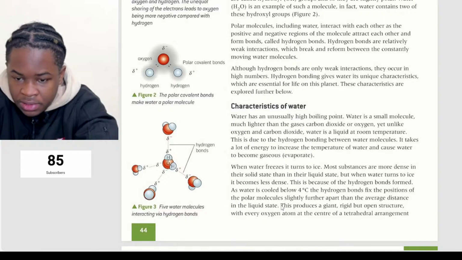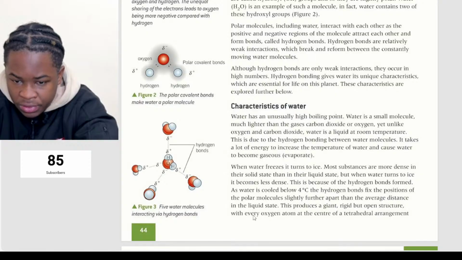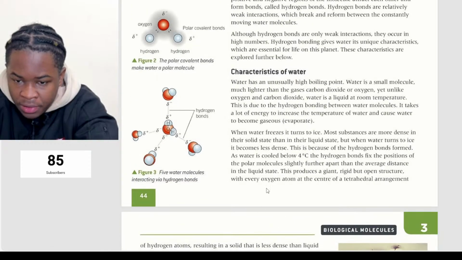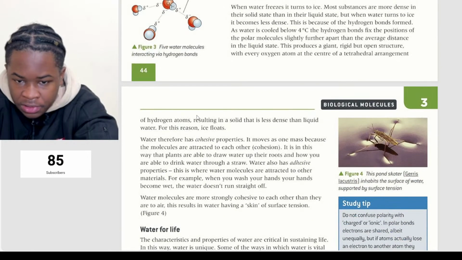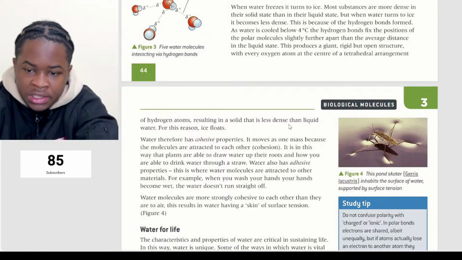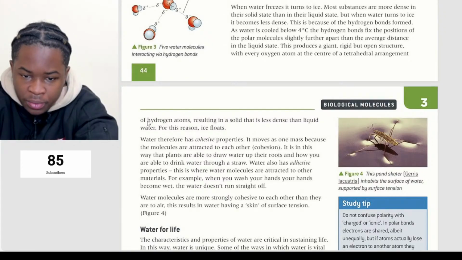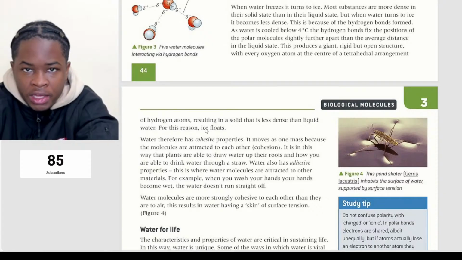This produces a giant, rigid but open structure with every oxygen atom at the center of a tetrahedral arrangement of hydrogen atoms, resulting in a solid that is less dense than liquid water. For this reason, ice floats.